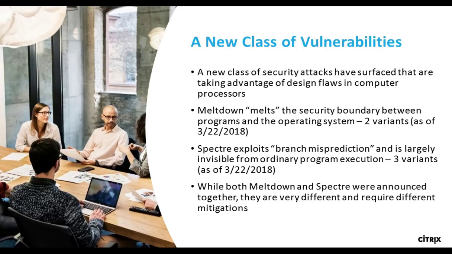In February, 2 more variants were announced, Meltdown Prime and Spectre Prime. The reason why we include them here is that it looks like not all the mitigations are going to work against these new ones. Even though before they were folded together into existing announcements, now with the new CPU core isolation and so on, we really need to separate them and think about them as 2 additional variants.